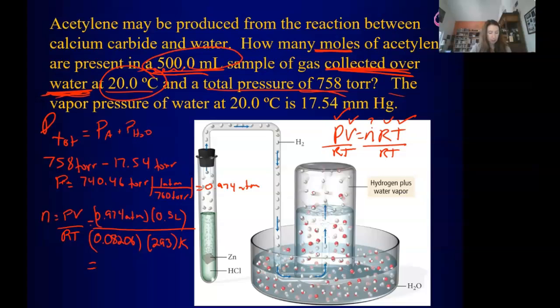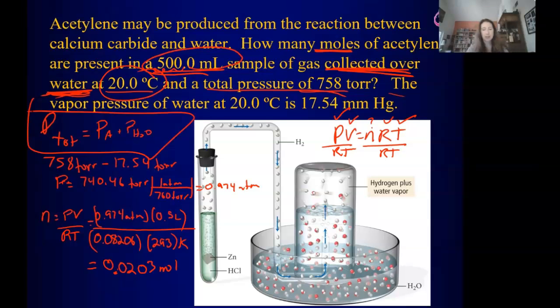Divided by 0.08206 times 293. So I got 0.0203 when I plugged all that in. Okay, so again, this was that Dalton's Law partial pressure problem we talked about last lecture.